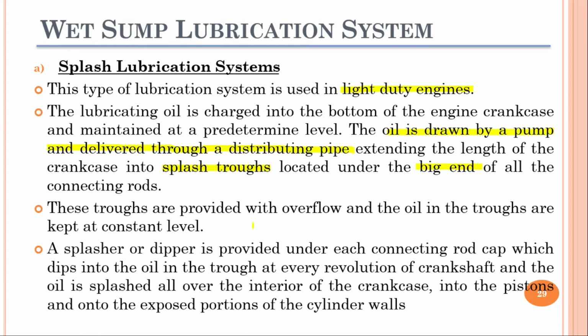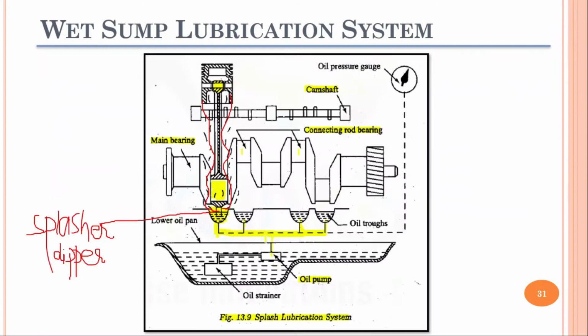These troughs are provided with an overflow. In case of overflow, they will return the excess oil back to the oil sump, and the oil in the troughs is kept at a constant level. Now here you can see a splasher, or we can say a dipper, is provided under each connecting rod cap, and you can see it in the figure as well.